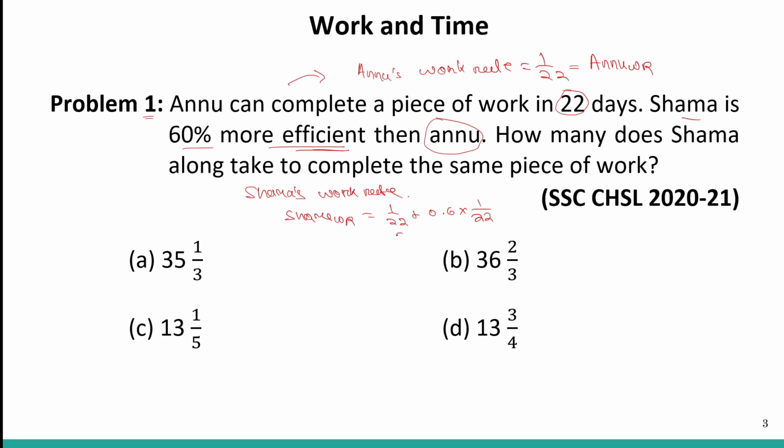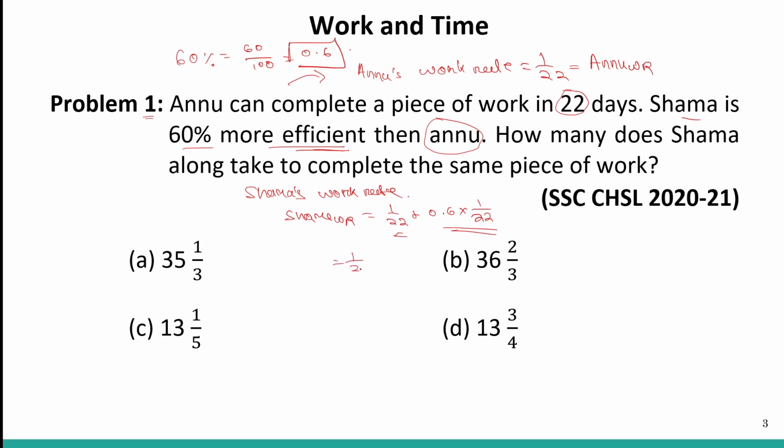Why am I writing 0.6 here? Because 0.6 is the decimal form of 60%, since 60% is equal to 60 by 100, which is nothing but 0.6.